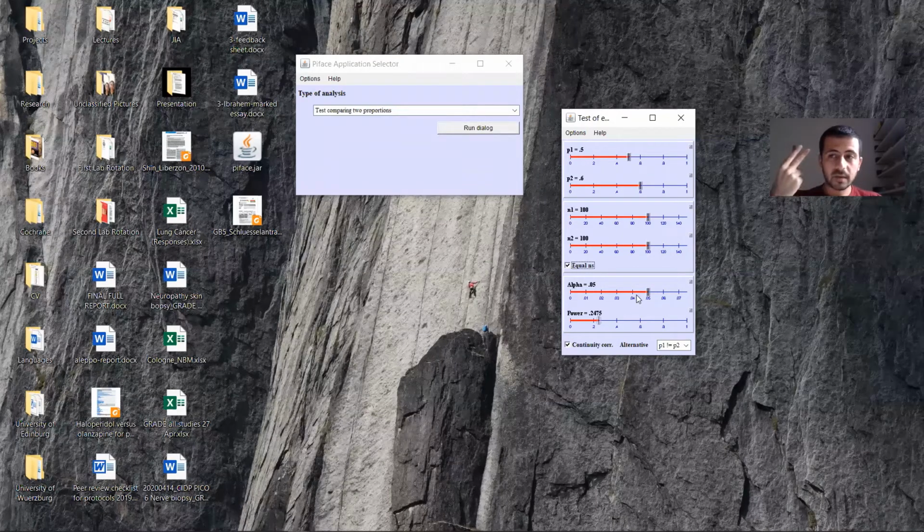So what should I do? Remember that we have two options. One option is in my hand, which is gathering more participants. Look at this. I will increase the number and the power will increase.